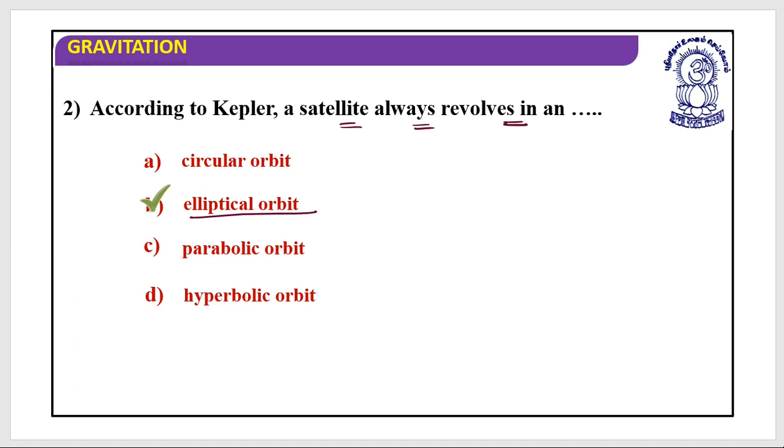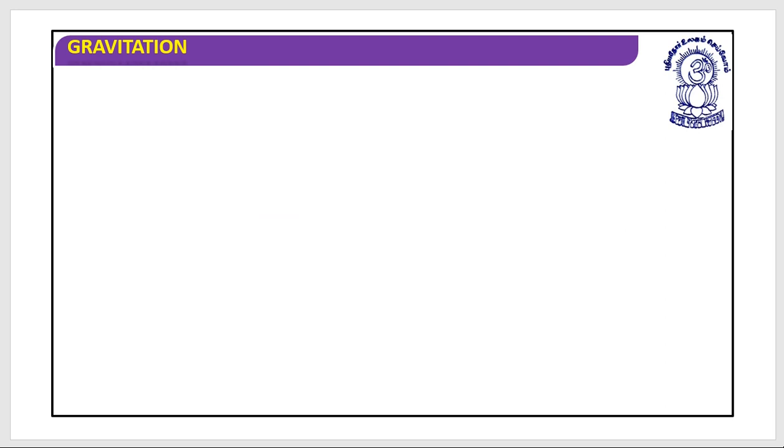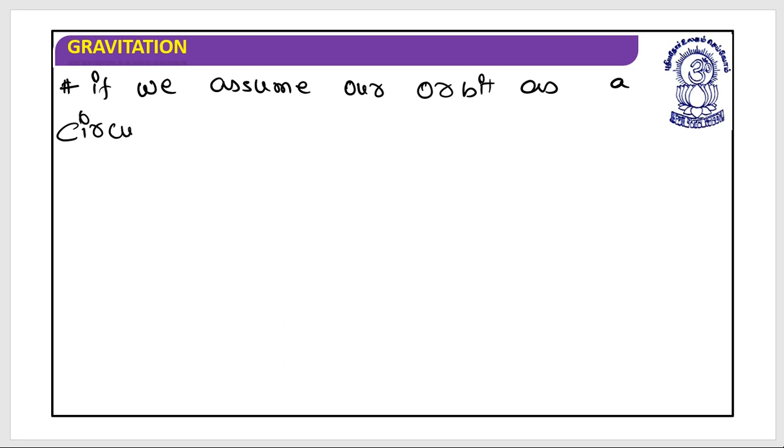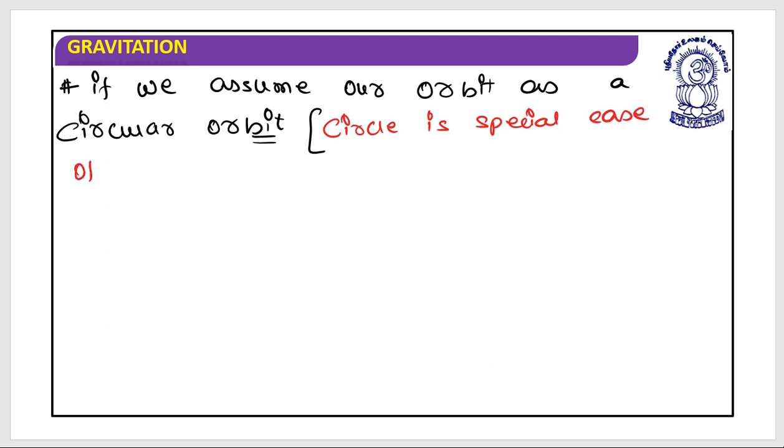No? So one more important aspect is that if we assume our orbit as a circular orbit, because we can assume that a circle is a special case of an ellipse only.